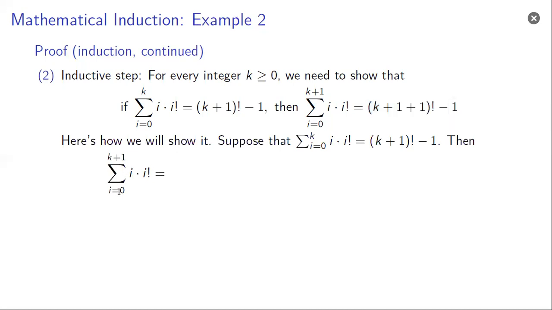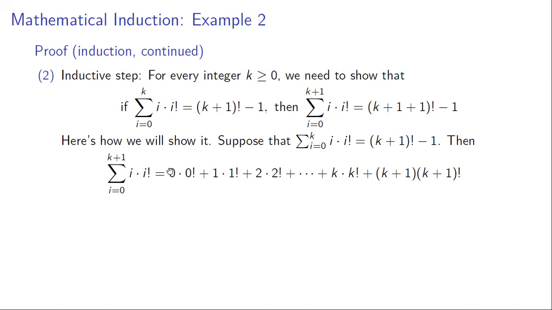What is this sum? Let's write it out. So we start from i equals 0. We have 0 times 0 factorial plus 1 times 1 factorial plus 2 times 2 factorial plus ... plus k times k factorial plus (k+1) times (k+1) factorial, right? Because this sum is going through k+1. Okay, great.